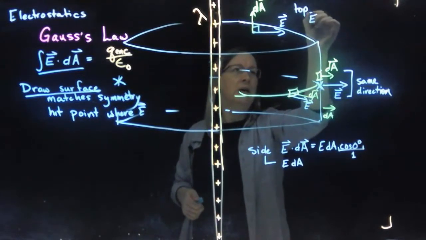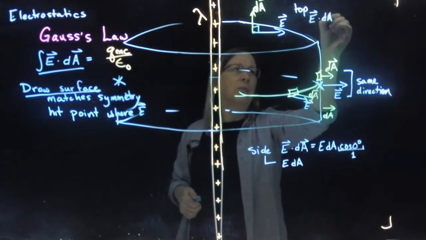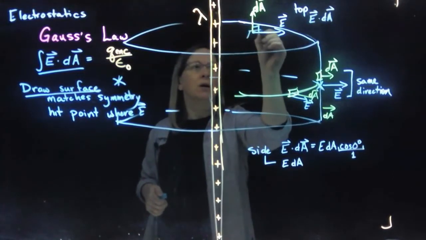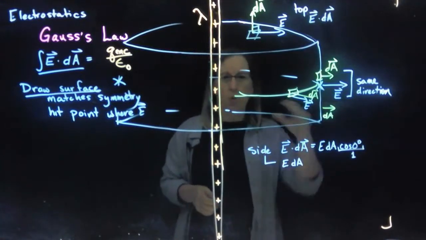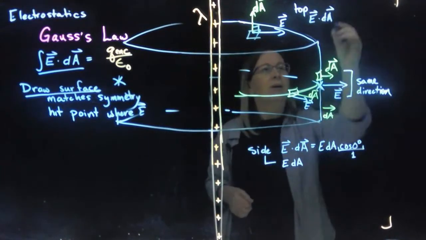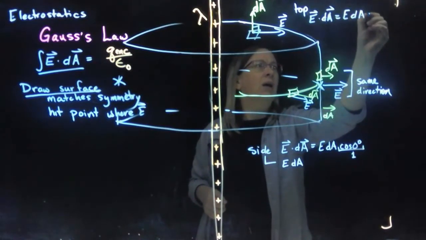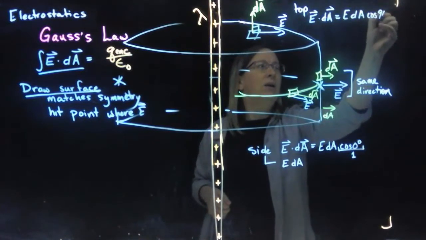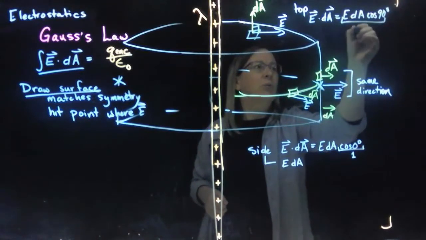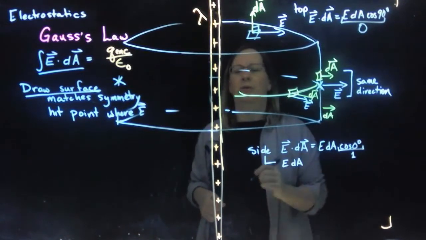So E dot dA, that little square patch on the surface, is going to be E times dA times the cosine of 90 degrees, and that's equal to 0.